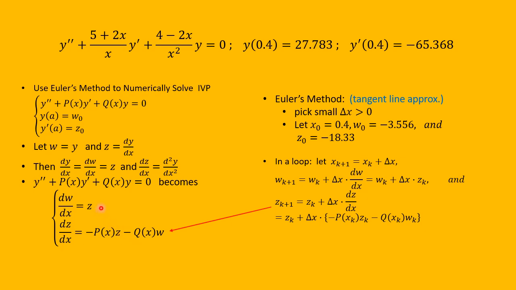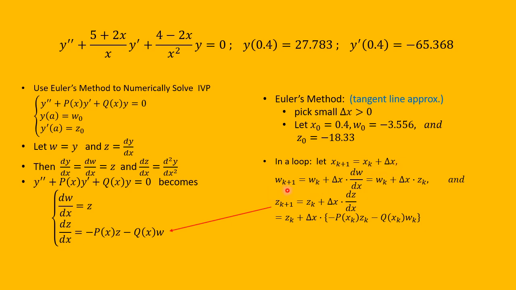Okay, and then in Euler's method, just as before, we're going to pick a small delta x greater than 0. I'll let x naught be 0.4, let y naught be 27.783, and let z naught be minus 65.368. And then in a loop, we're going to let x sub k plus 1 equal x sub k plus delta x.